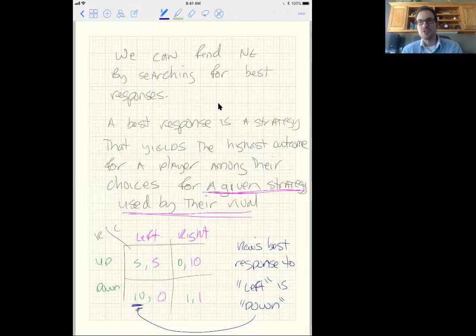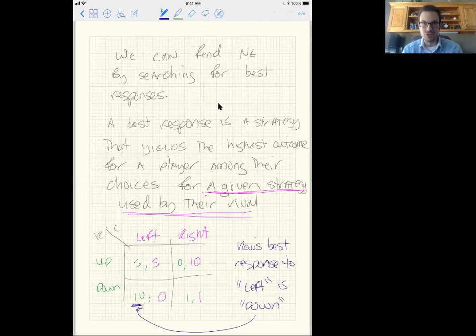So for instance, think about the game we play when we're walking down the hall. Actually, driving's a better one. So suppose we're driving, you can drive on the right side of the road or on the left side of the road, and the other person can drive on the right side or on the left side. If you're in the United States, our convention is drive on the right side of the road. So as you're choosing your strategy, do I drive on the right or do I drive on the left?